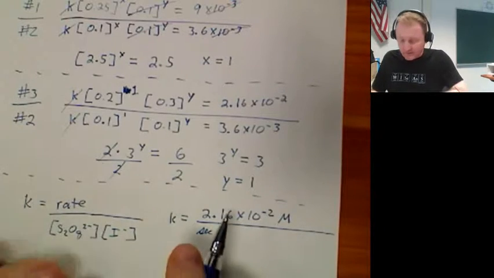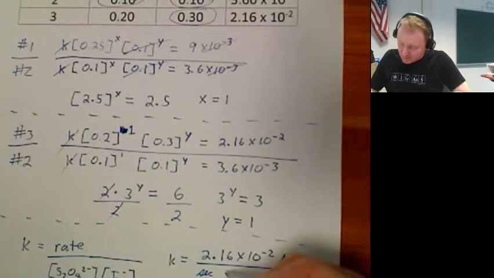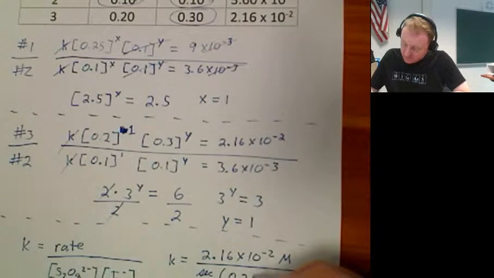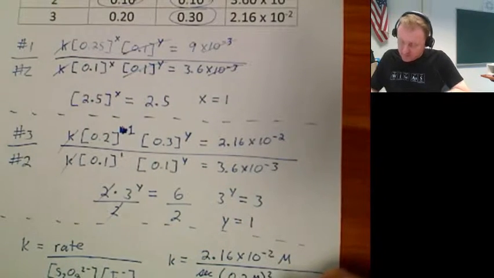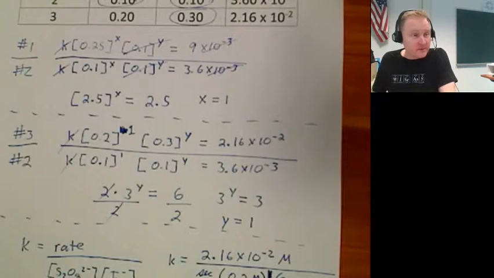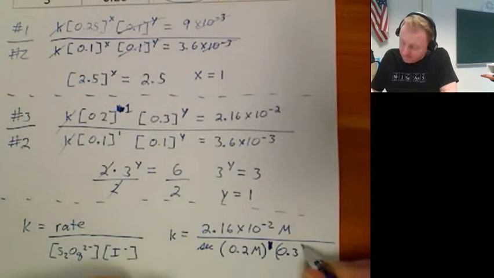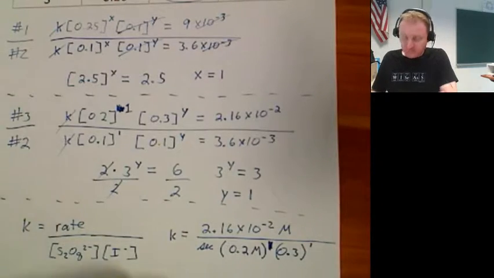And also I have to put the concentration of my first one, which would be times 0.2 molarity squared times 0.3, oh, not squared, sorry, it's first order. So it's first order, we're going to leave it there. 0.3, also first order.